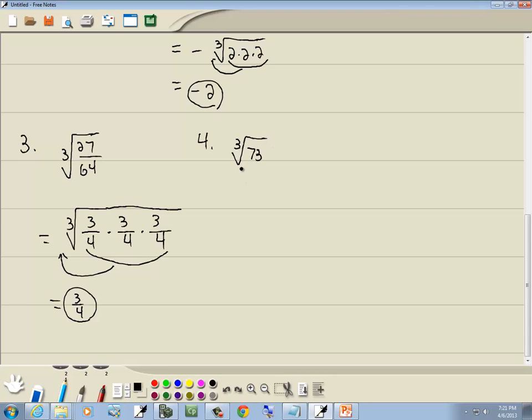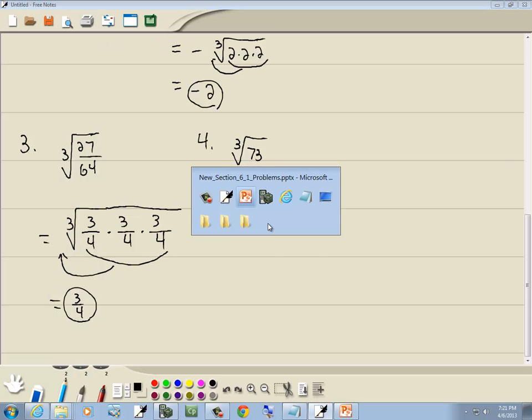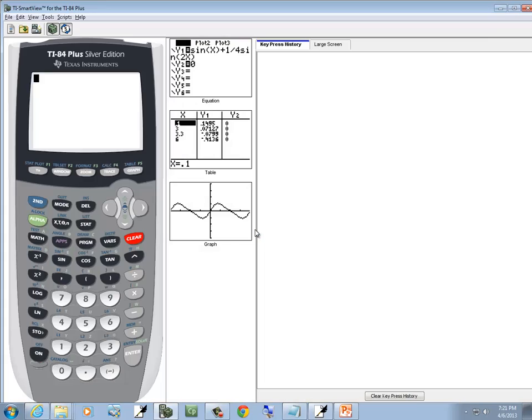I'm guessing 73 is prime. I can't think of any way to break that down. So to do that on our calculator, we're going to press our math button and choose the cube root, the number 4. You can down arrow to it, highlight it, and press enter, or you can just press the number 4 and it'll do the down arrow and enter for you. Then I'll put in 73 and press enter.